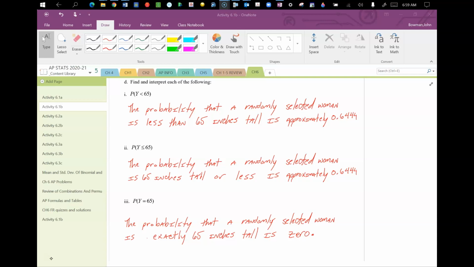The probability that a randomly selected woman is 65 inches tall or less is approximately 0.644. And the probability that a randomly selected woman is exactly 65 inches tall is 0. Again, that is because when you think about a continuous random variable, there's an infinite set of outcomes from the minimum to the maximum. So the probability of a specific outcome is 0.